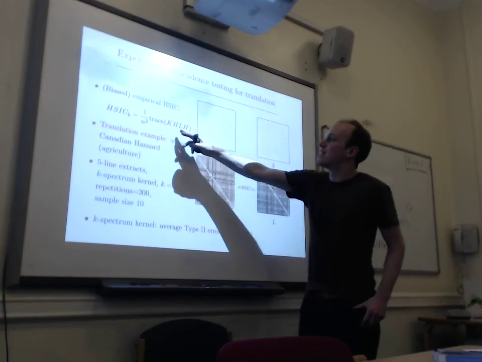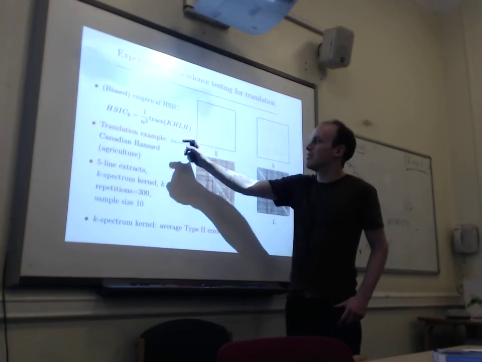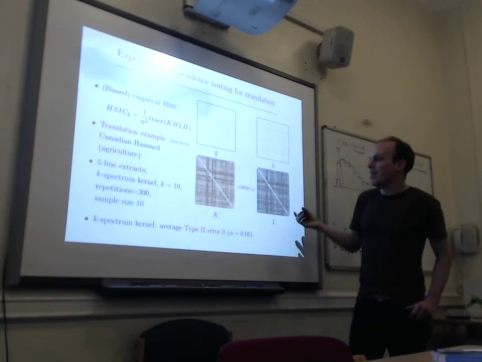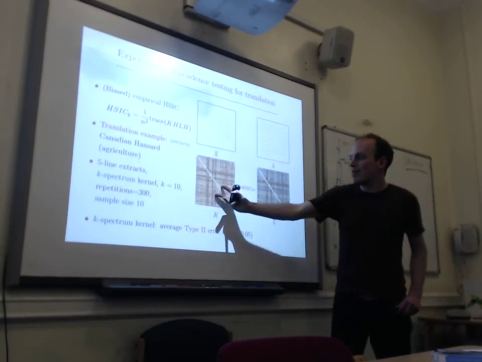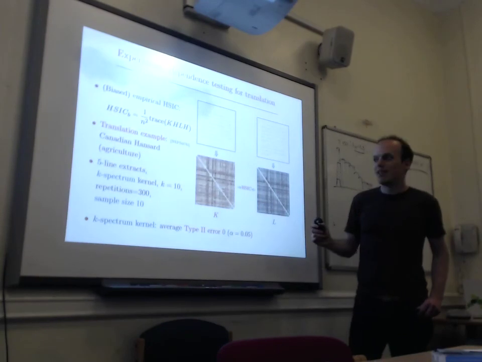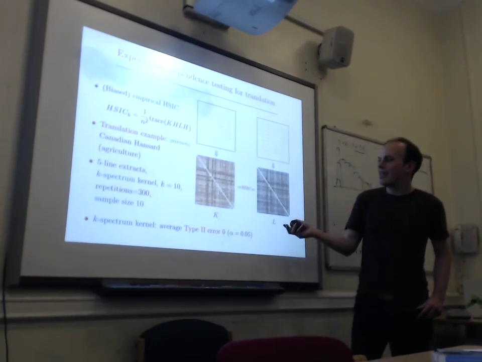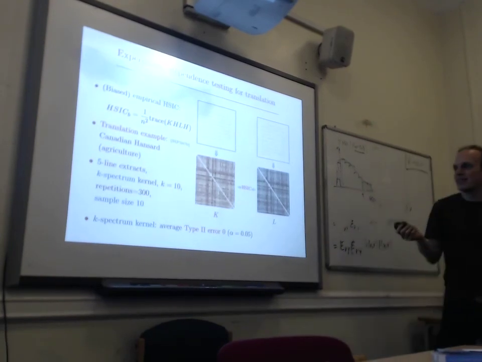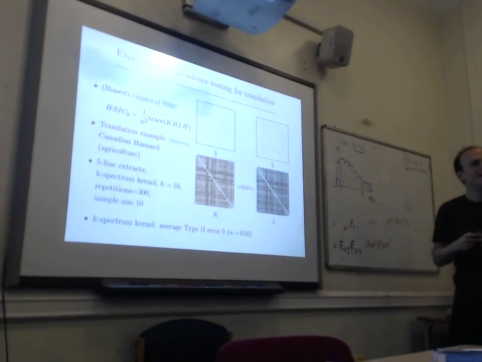And what this thing is, modulo the centering matrices, is just the inner product of the K and L matrices, okay? So it's saying how similar are these two things? If they're very alike, then it's very likely that the English and French extracts are translations. So is that idea clear? Yeah?